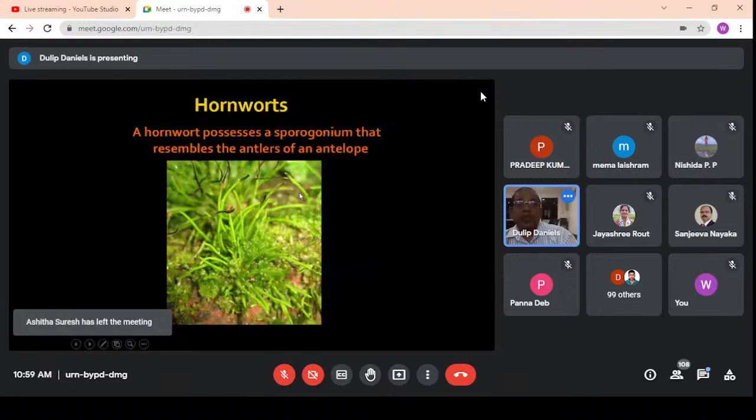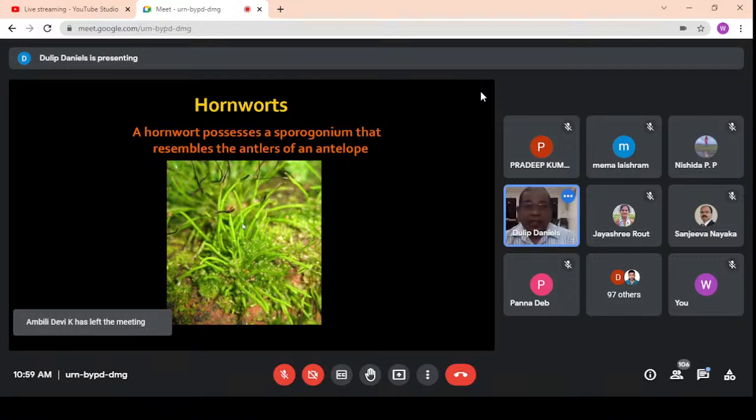Coming to hornworts, these are the simplest sporophytes, but the only thing is that these sporophytes are the ones that resemble the most primitive xylem of the pteridophytes. So there is a theory that probably from pteridophytes, bryophytes descended through the hornworts.